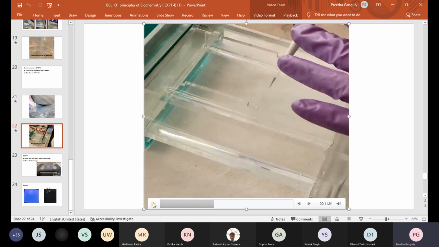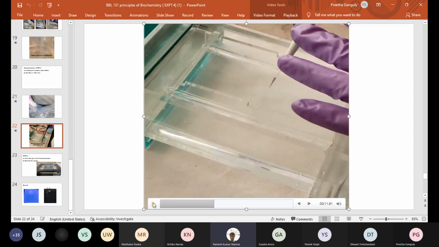We use it for mixing because the amount of DNA is very small, so we can't use a vial. If we use a vial, some amount of the DNA can remain in the vial itself. We don't want to waste a single bit of DNA as the volume is very low. Therefore, we place the DNA on this parafilm along with the loading dye, mix it properly, and then put it directly into the wells.